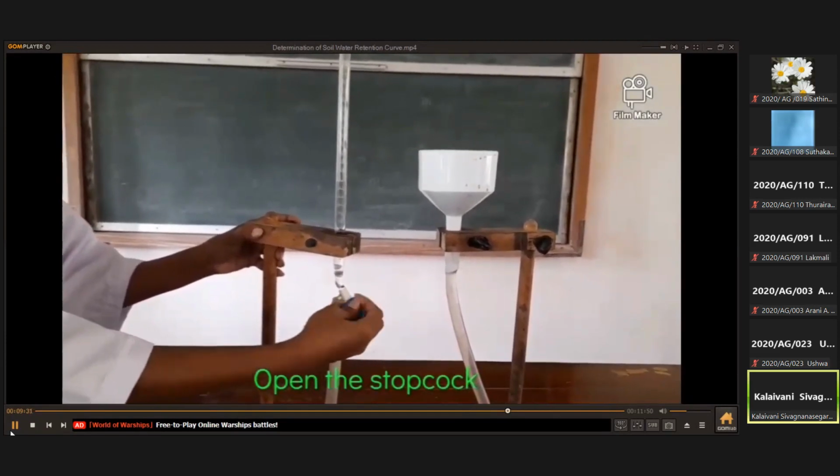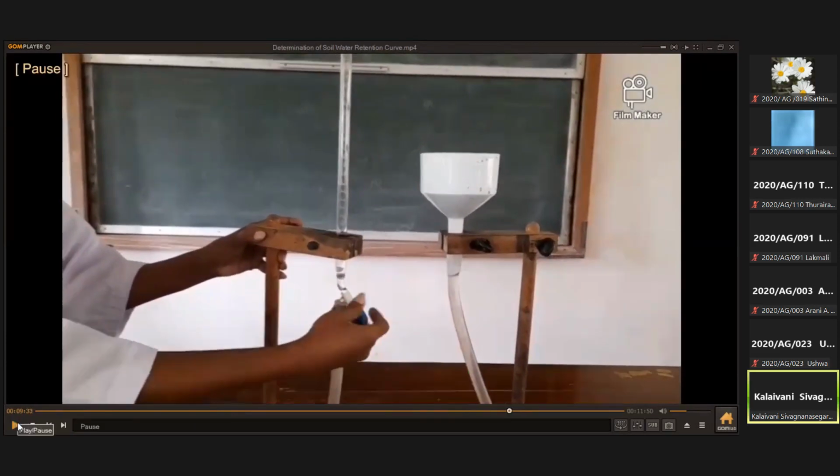Here they are mentioning the stopcock. Normally we choose a screw-like setup in the burette, no? That setup they are calling a stopcock.